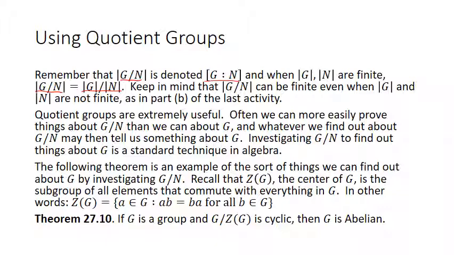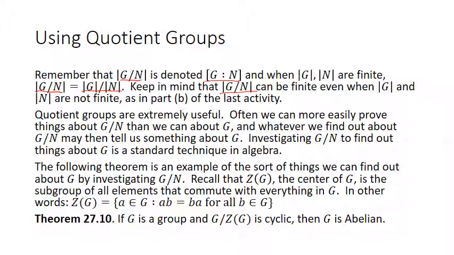But do keep in mind that this order, the number of elements in the quotient group, can actually be finite even when G and n themselves are not finite. We saw that in part B of the last activity. We had Z and then the subgroup of Z generated by 5. Neither of those was finite, but the quotient group was still finite. It had 5 elements.